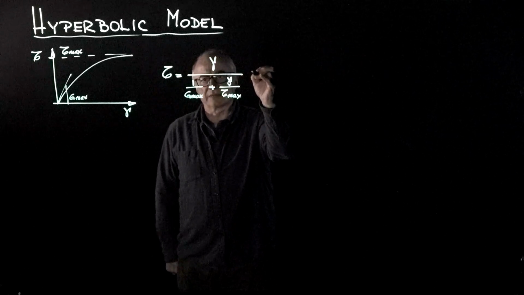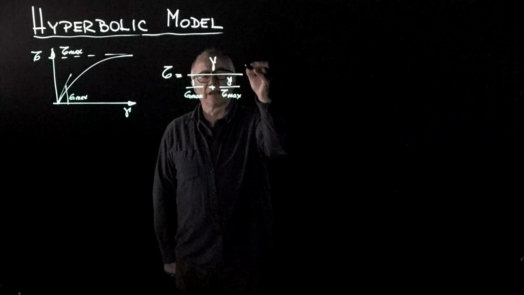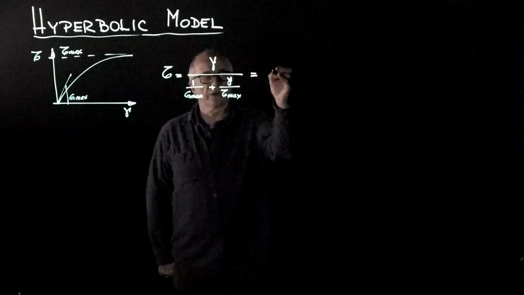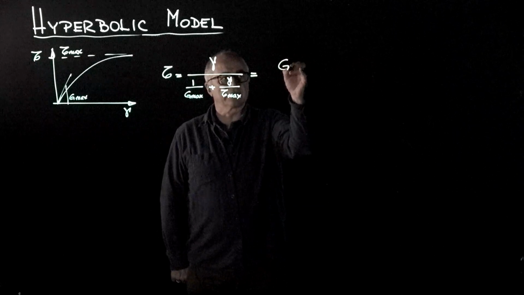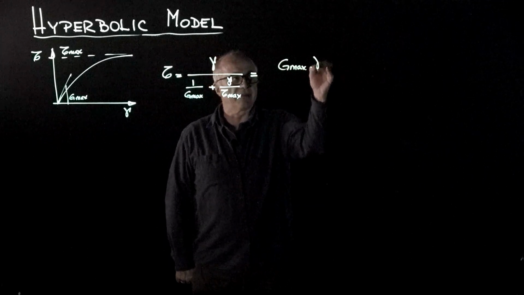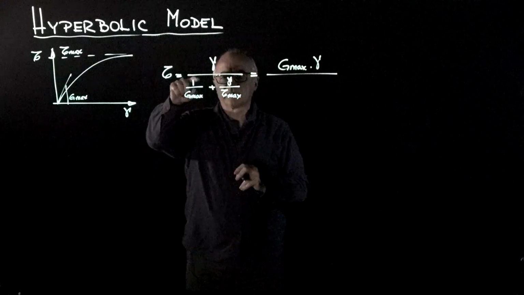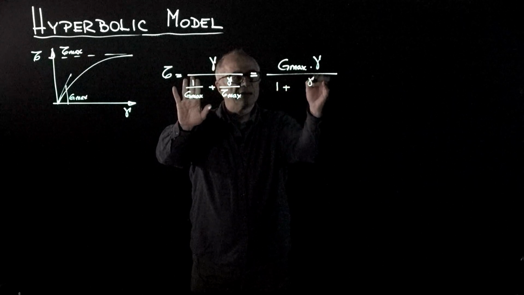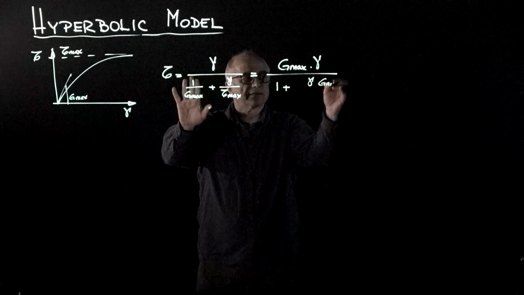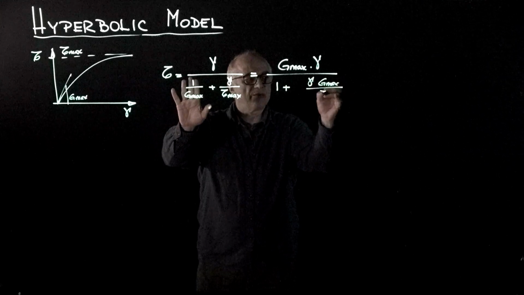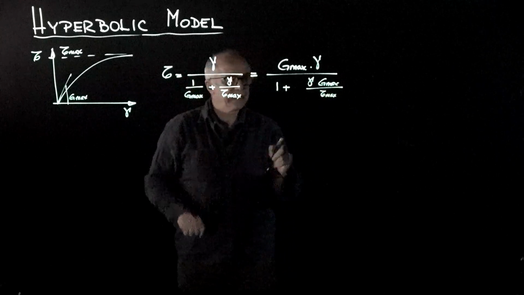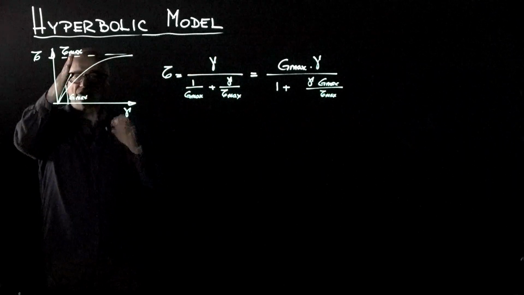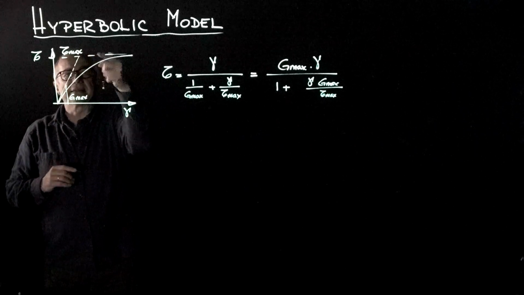What I'm going to do next is to multiply numerator and denominator by Gmax. And so this is going to be equal to Gmax times gamma over, multiplying in the denominator, this becomes 1, plus gamma times Gmax over tau max. Now, Gmax over tau max is where the asymptote at the origin, which is Gmax, and tau max intersect.